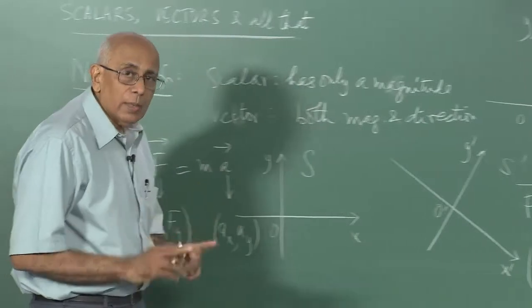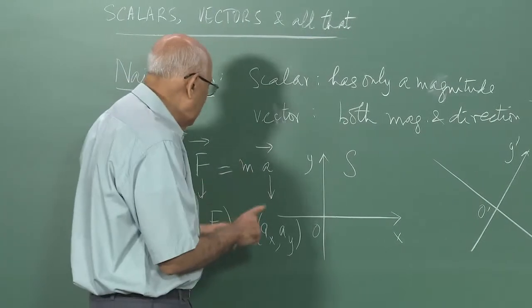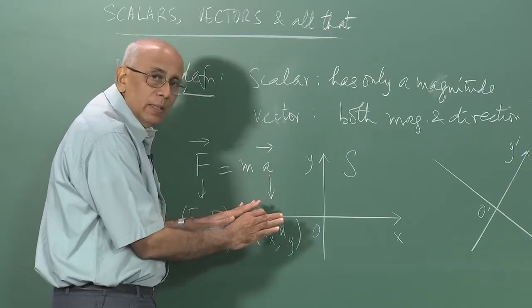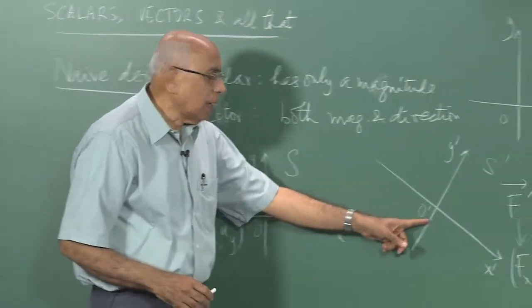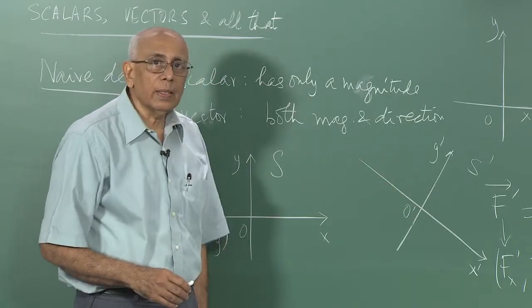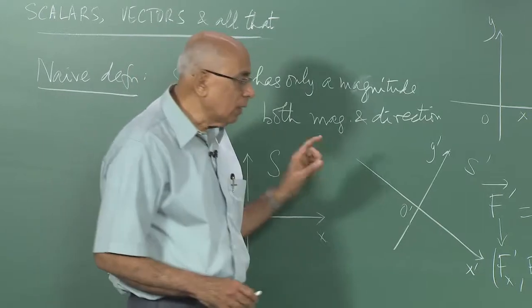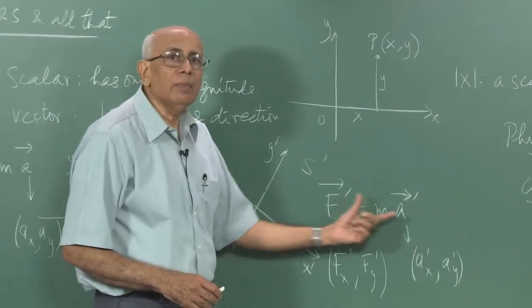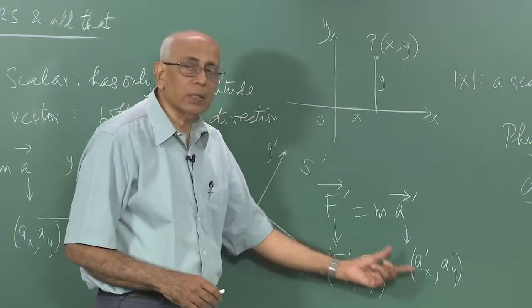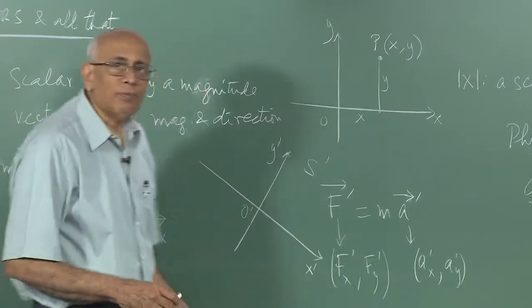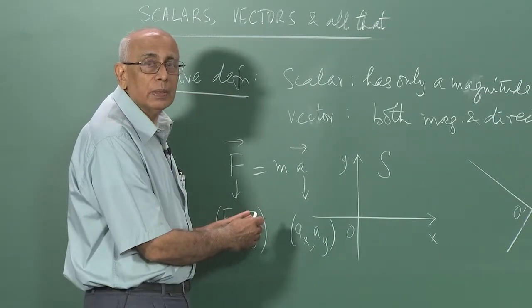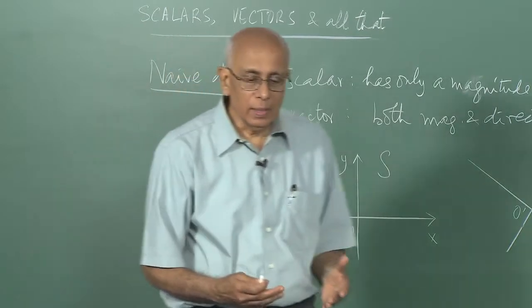But what you are assured is that if you give me f and a, the components of f and a in this frame, and tell me how O prime is related to O, how far it has moved, how much it is rotated, then I will predict for you that in this frame you will discover f prime is ma prime, where the quantities which are prime can be found from the quantities which are given in the unprimed frame here. So this is the idea behind the whole thing.